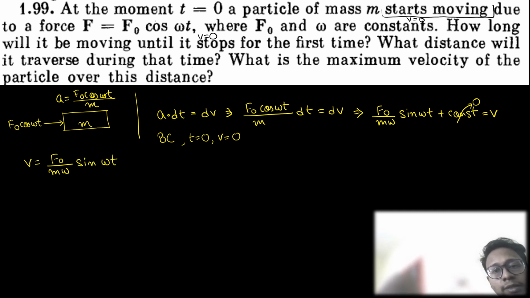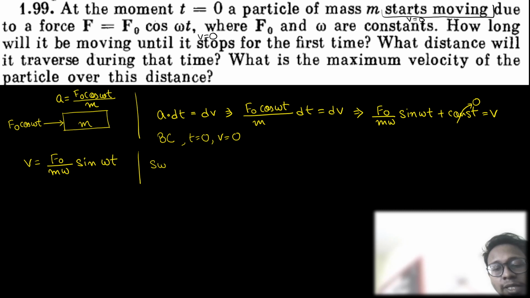So the first part of the question is how long will it be moving until it stops for the first time? It stops when the velocity becomes 0, no? So velocity becomes 0 when sine omega t becomes 0. So when does sine omega t become 0?